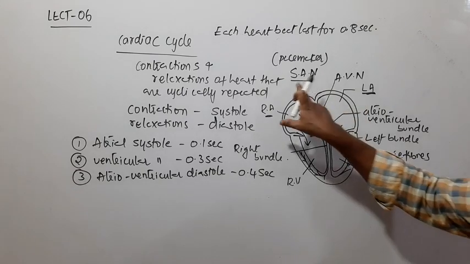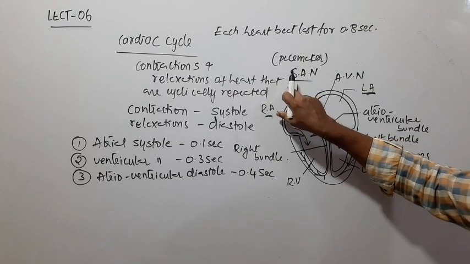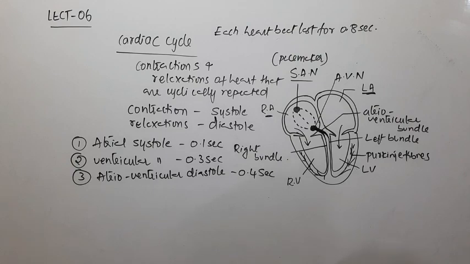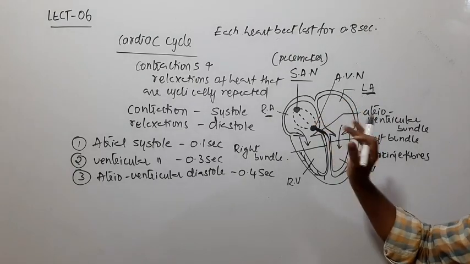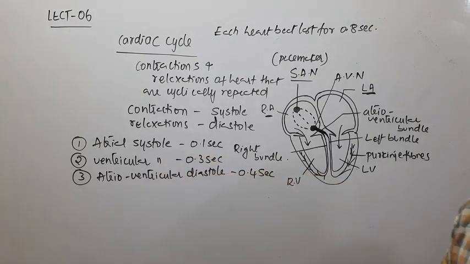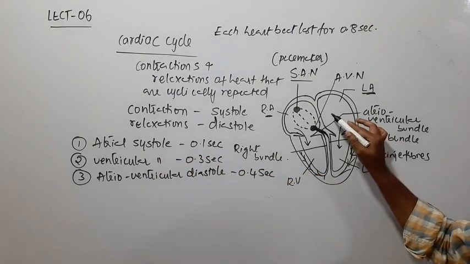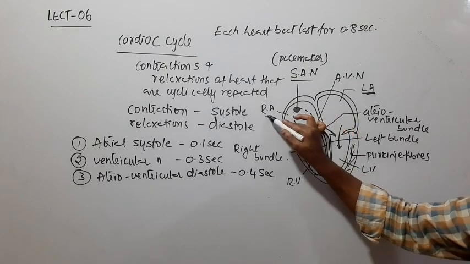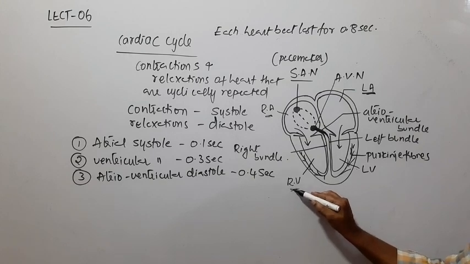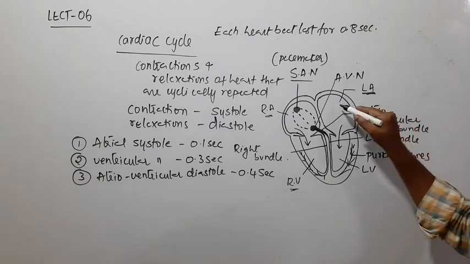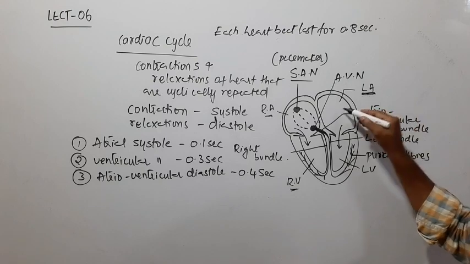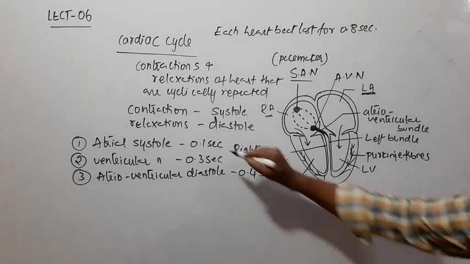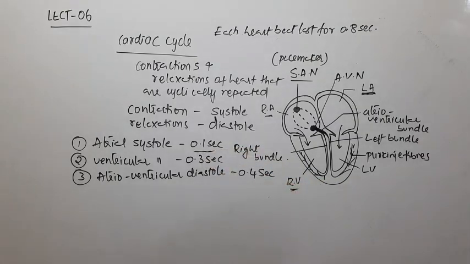So when the SAN node initiates an action potential that spreads through the walls of the auricles, it results in the contraction of the auricles, that's what we call the atrial systole, and this will pump the deoxygenated blood present in the right atrium into the right ventricle, and at the same time the oxygenated blood present in the left atrium is pumped into the left ventricle. That will be around 0.1 seconds.